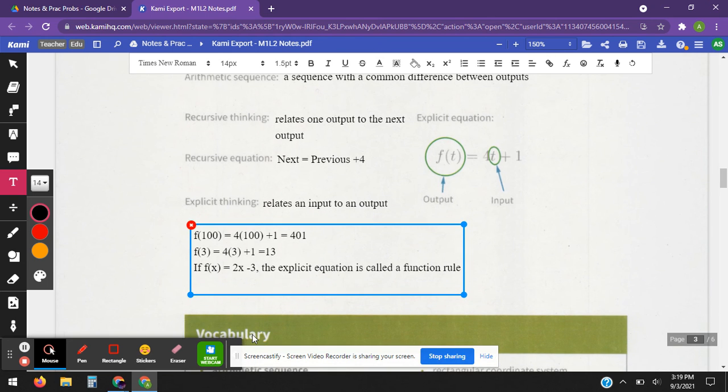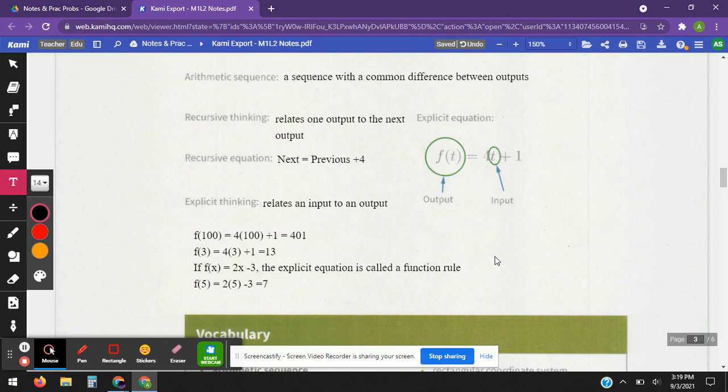Because then, scroll down a little bit here, if we plug in something, so like f of 5, that's going to equal 2 times 5 this time, minus 3, which 2 times 5 is 10, minus 3 is 7. So we've kind of made a rule, a function rule for that. So that's pretty much the note as far as that goes.